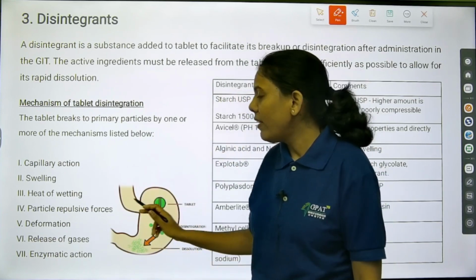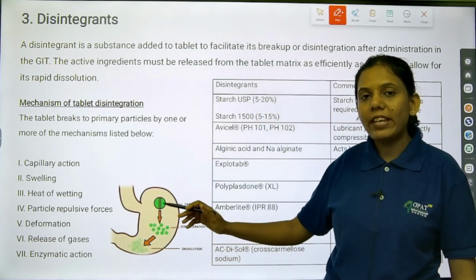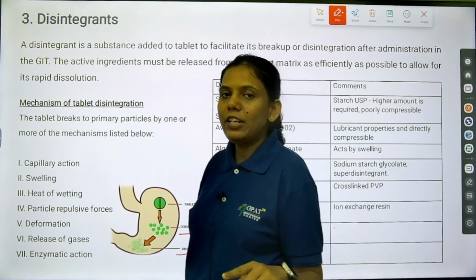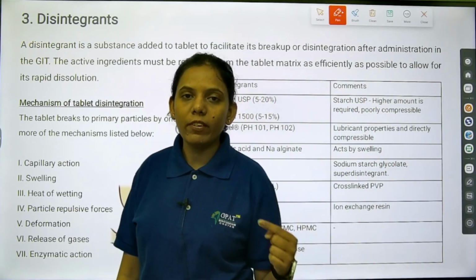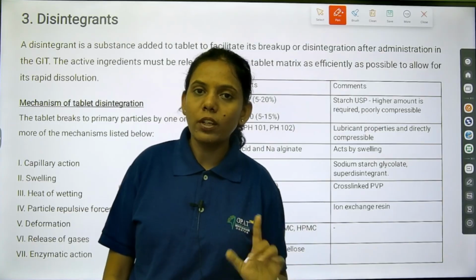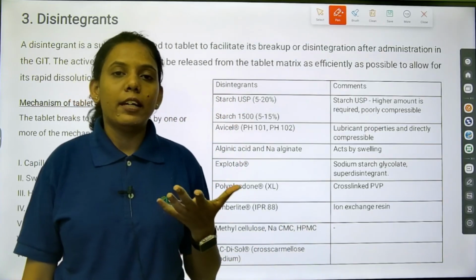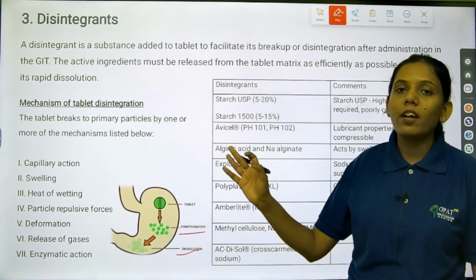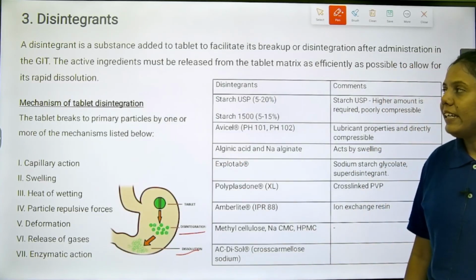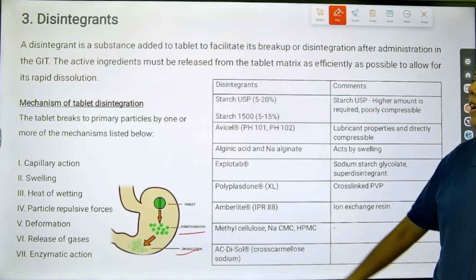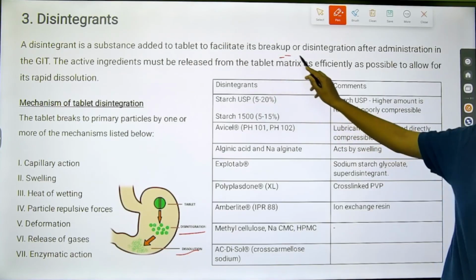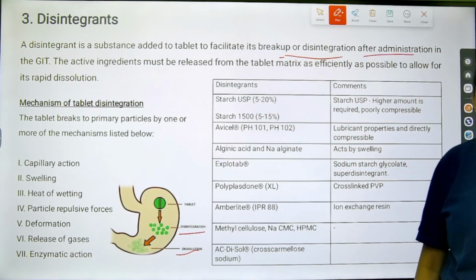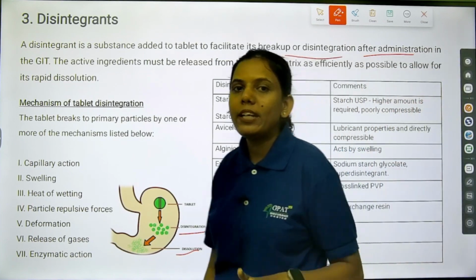Whenever a patient takes the tablet, the very first process is disintegration, because if disintegration happens, only then will the particles undergo the dissolution process and dissolve into the gastrointestinal fluid, and your drug will get absorbed. A disintegrating agent is a substance added to the tablet to facilitate the breakup or disintegration after administration in the gastrointestinal tract.